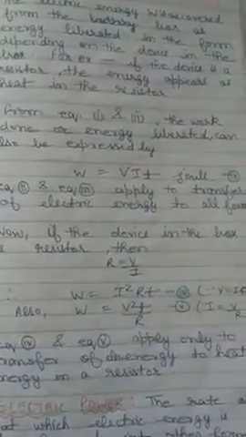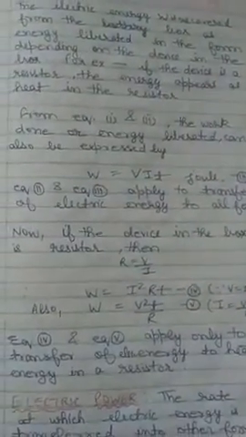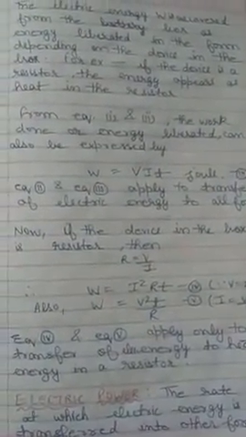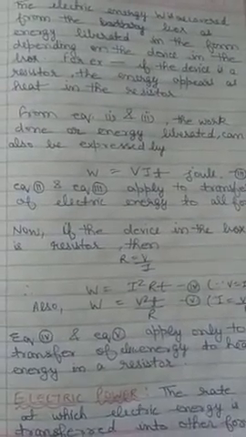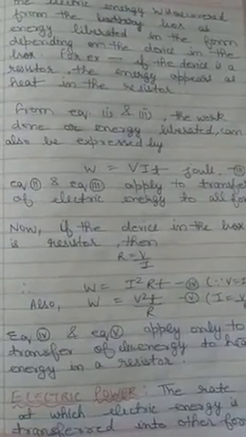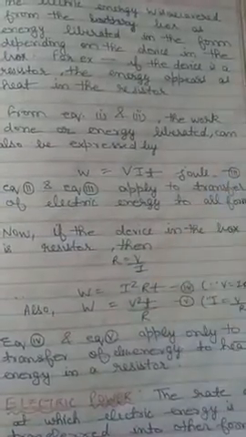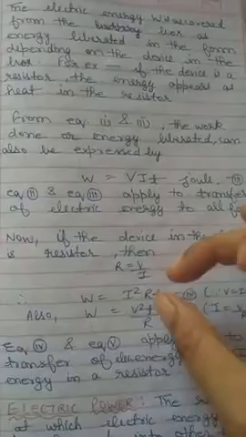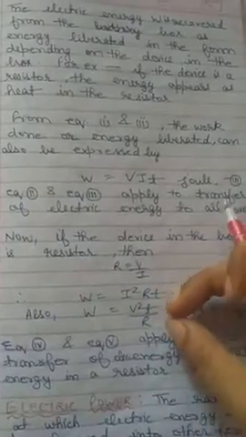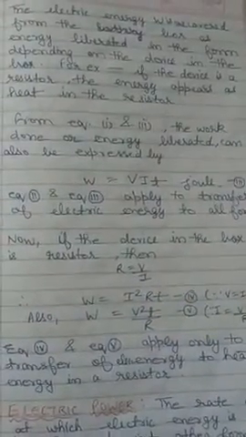Both these equations, equation 4 and equation 5, apply only to the transfer of electrical energy to heat energy in a resistor. When it is a resistor inside, this will be the amount of electrical energy, W is equal to I square RT, or V square T by R, that will be transferred to heat energy.